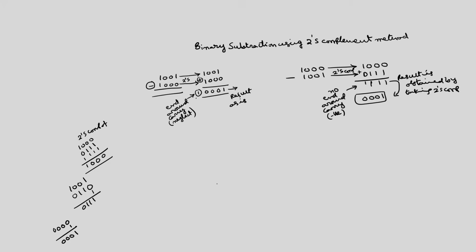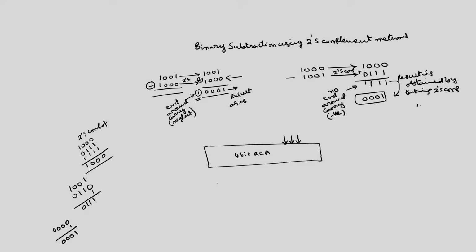In subtraction, you have to take the 2's complement of the subtrahend. For that, we need a 4-bit parallel adder that we discussed in the last class. This will have two sets of numbers.